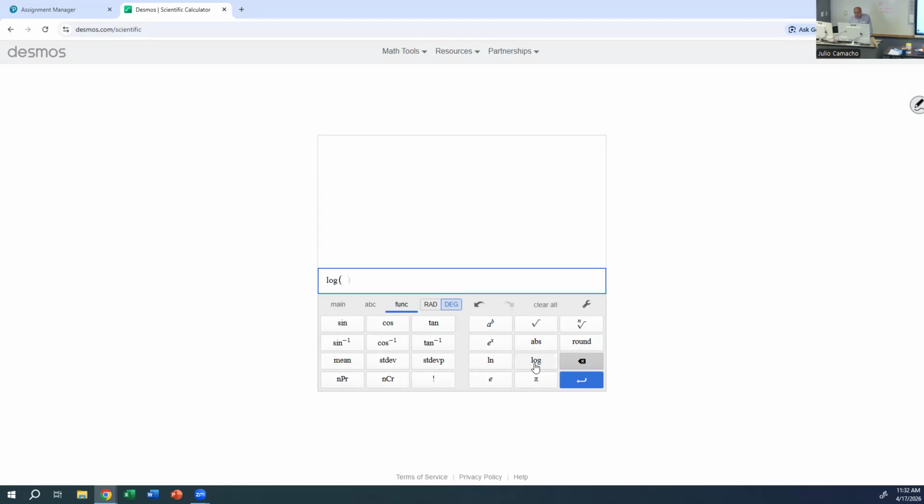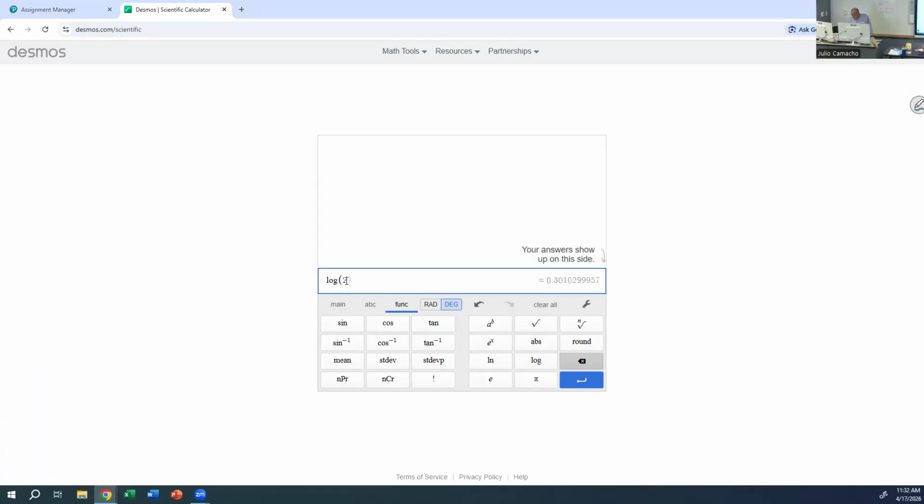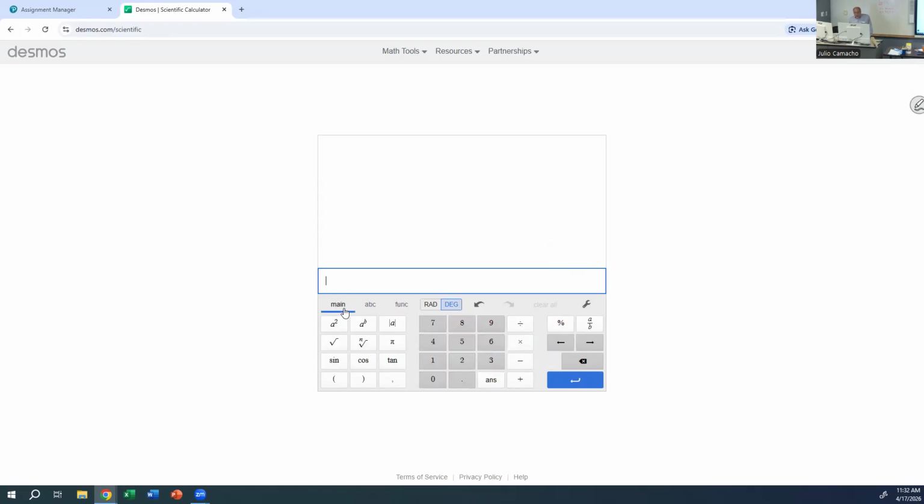So I will put log, and because there's not a base, the system assumes that you are talking about the log of 10. Remember, when we don't have a base, the default base is 10. You put your 25, close parentheses. First of all, let me go back. The first thing that you have to do in the main is a fraction.